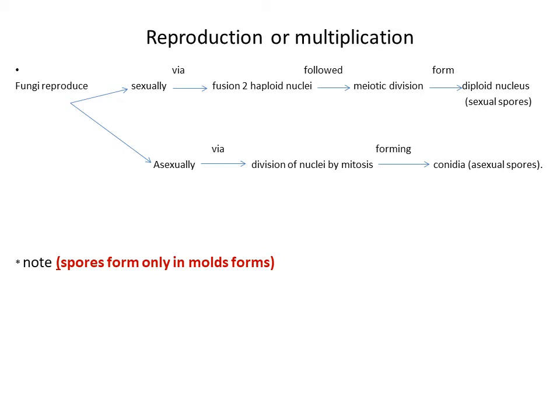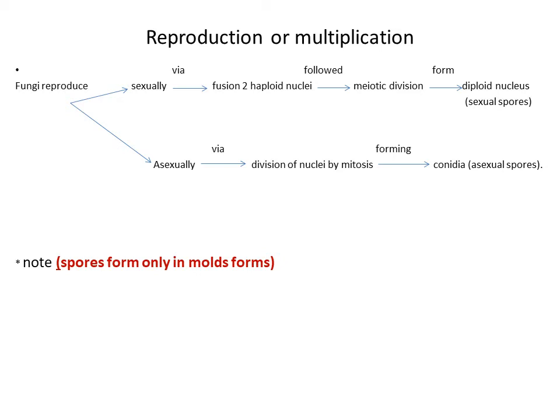Now, I was talking about fungi reproduction or multiplication. Fungi reproduce sexually and or asexually. Perfect fungi reproduce both sexually and asexually, while imperfect fungi reproduce only asexually by mitosis.